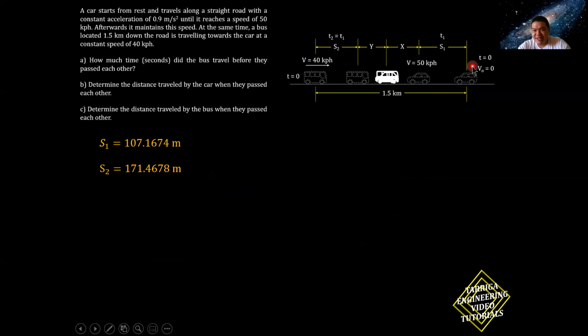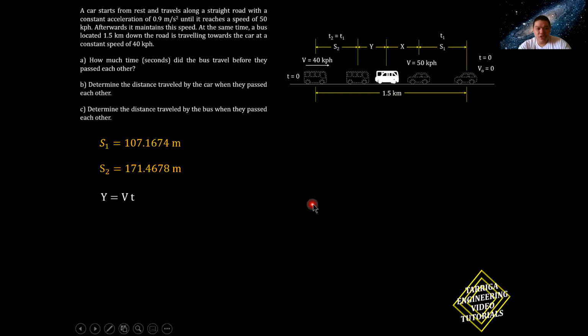Kaya ako ginanyan para ma-emphasize that S2 plus Y plus X plus S1 equal yan to 1.5 kilometers. Okay? So if we have Y and X in terms of a time, pwede nating gawin yan. Pwede nating makuha yung time that travels from this point papunta ron, and that is the same here papunta ron, same time. Okay?